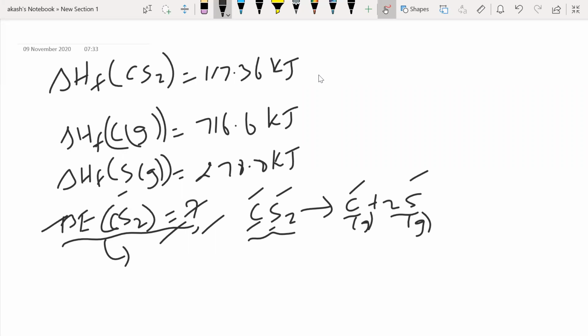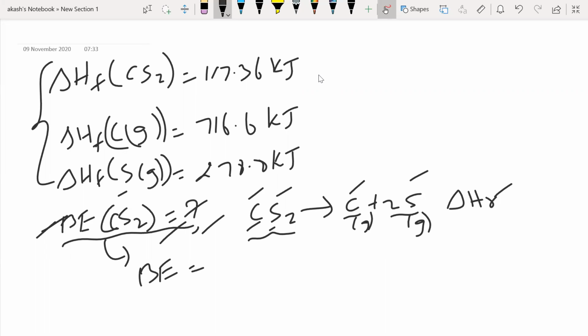Okay. Now we have written the reaction, and obviously this delta H R for this reaction is my bond enthalpy, because we wrote the reaction for this only, isn't it? So I can write the bond enthalpy, or the delta H R for this, in terms of, again, enthalpies of formation, isn't it?